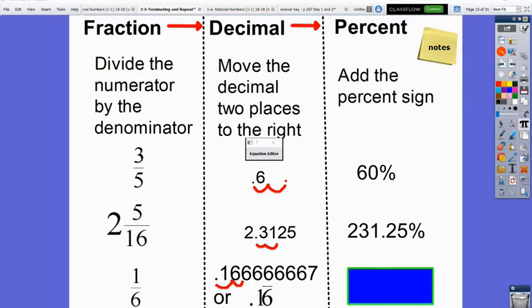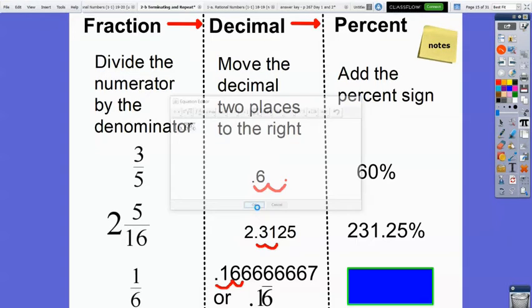Okay, 16.6 repeating percent. You could write it like that. Okay, but the repeating bar does not go over the percent sign. Backspace.